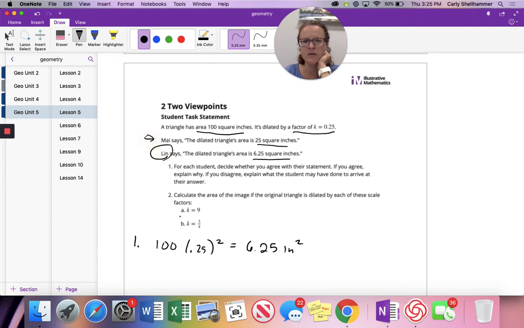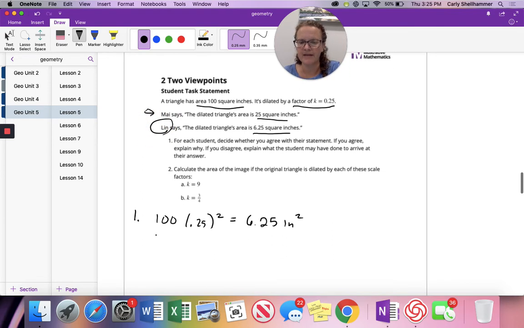What did Mai do wrong? Okay, I think Mai just took her original area and multiplied it by the scale factor without squaring it. And she got an area of 25 inches squared, which is not correct. This is correct. All right.